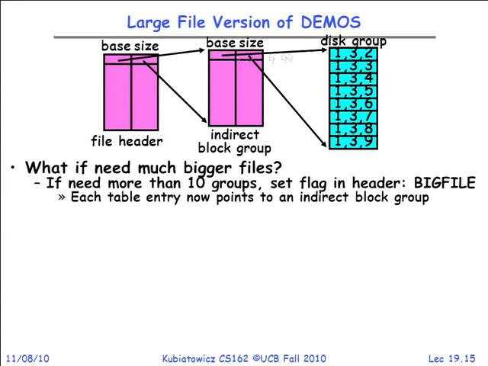So the indirect block group actually has a whole series of pointers: a pointer to a bunch of pointers to a bunch of chunks. The nice thing about this structure is we still have a lot of growing space even when our chunks are fragmented. If worse comes to worse, this performs badly because we have lots of little chunks, but at least we can get bigger files out of it.